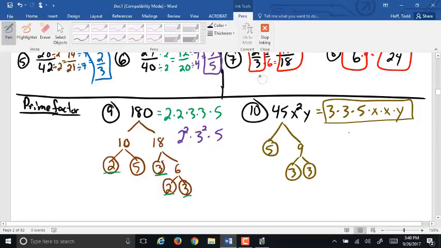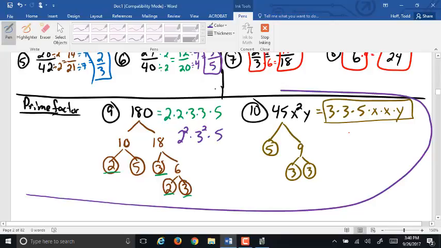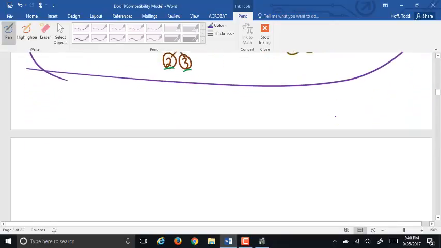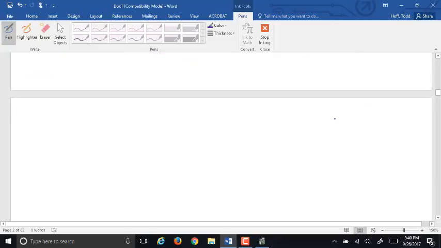You might be left wondering, what on earth does prime factoring have to do with these fractions we were doing up here? And the answer is it has everything to do with it. I can use the prime factoring to rename fractions.